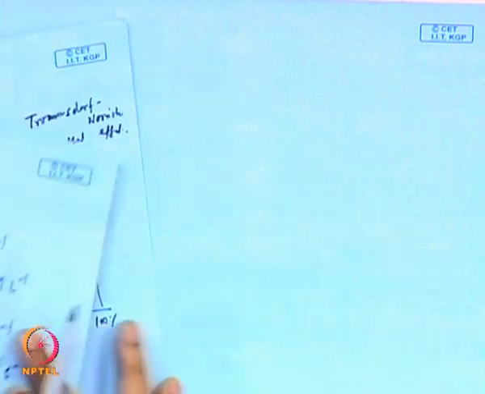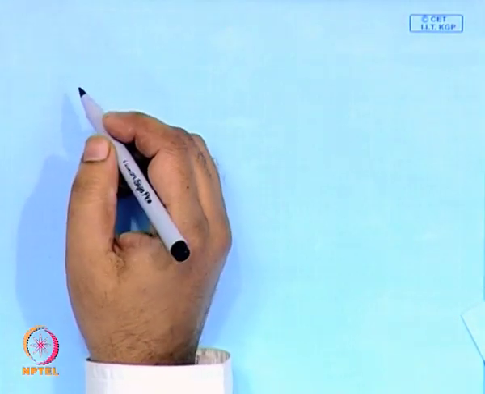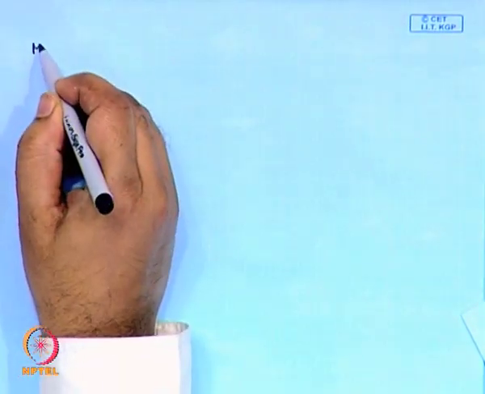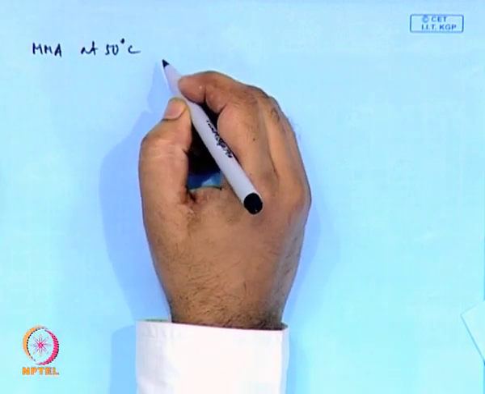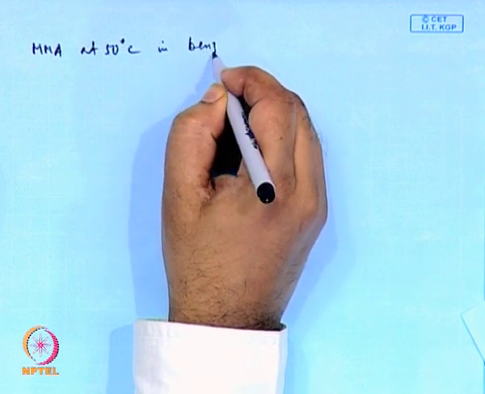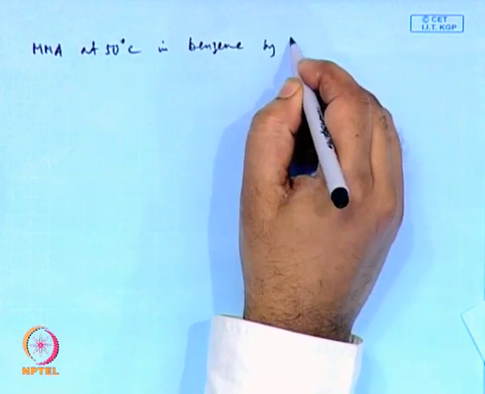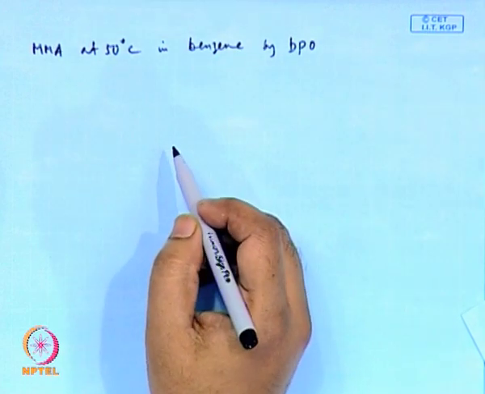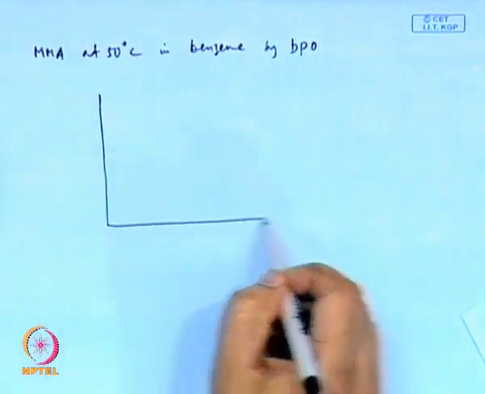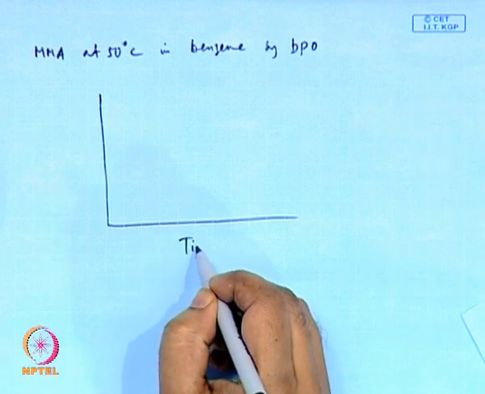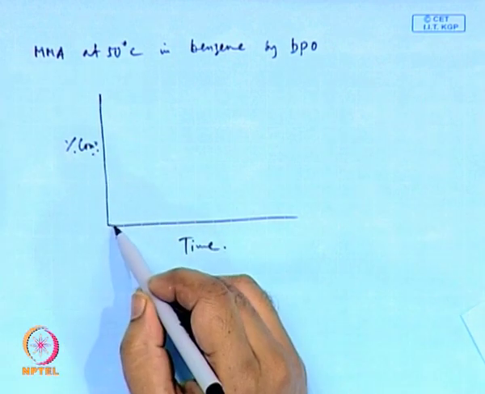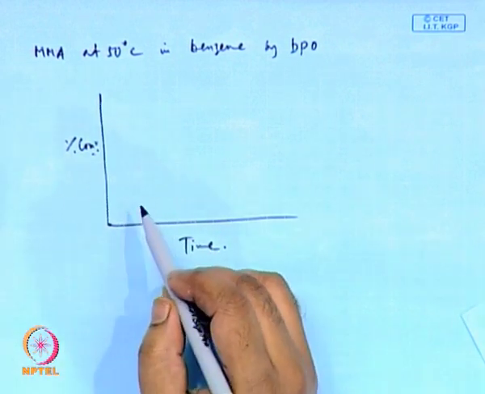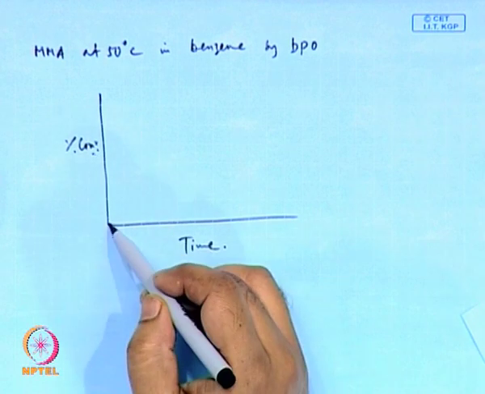So, if we plot methyl methacrylate polymerization at 50 degrees centigrade in benzene with benzoyl peroxide initiator, it looks like this: time versus percentage conversion, which basically gives the rate of polymerization.